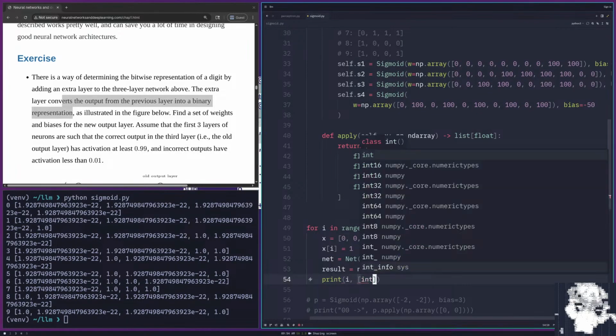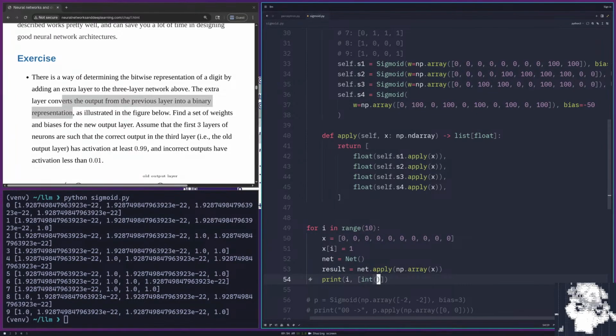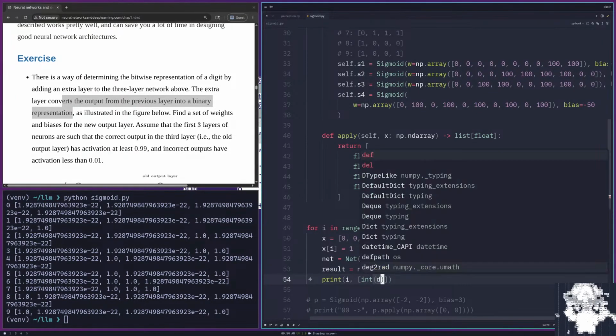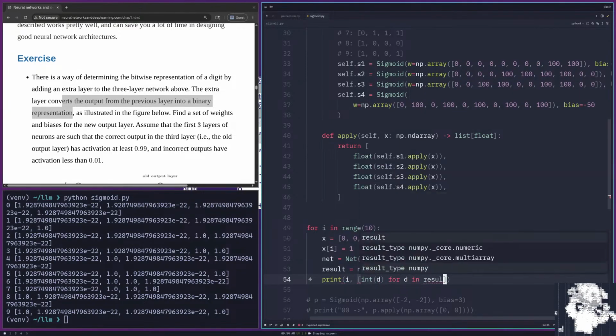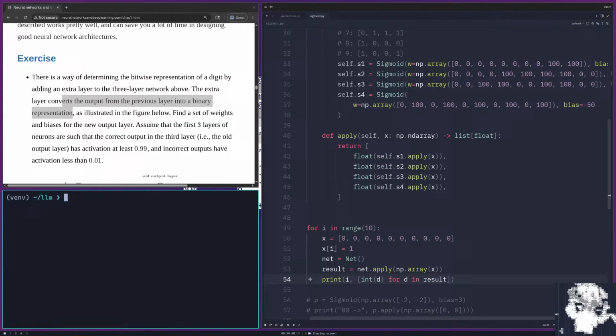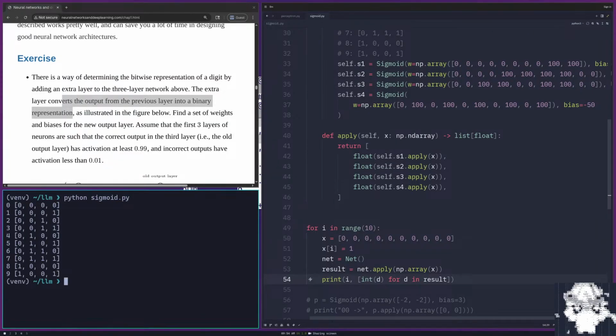Print int of d for d in result. That's right. All of this is right. Okay, so we did it.